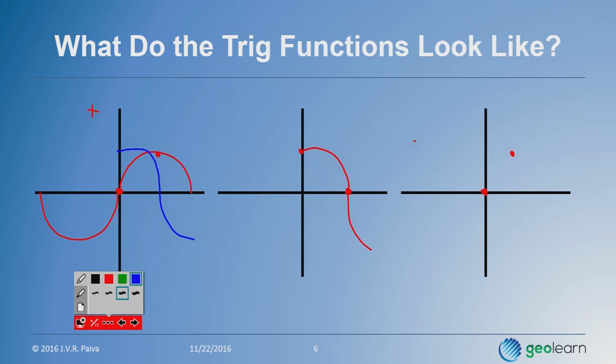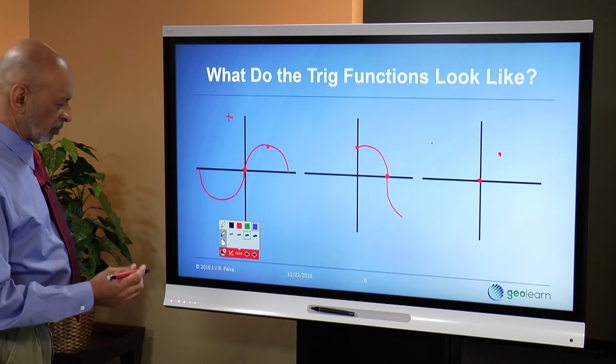I'm going to take that off, but they're exactly the same curve. It's just a matter of where they start, but they go up and down between zero in the middle with +1 and -1 as the extremes.